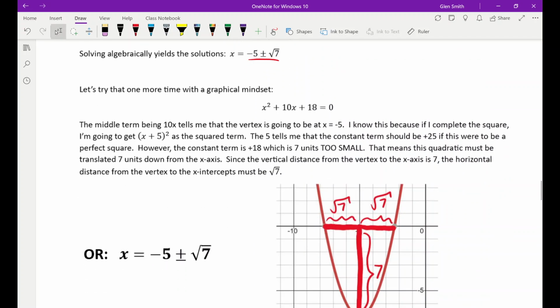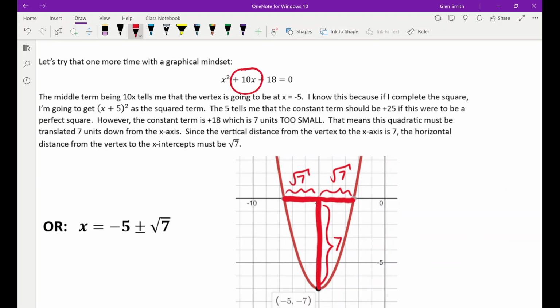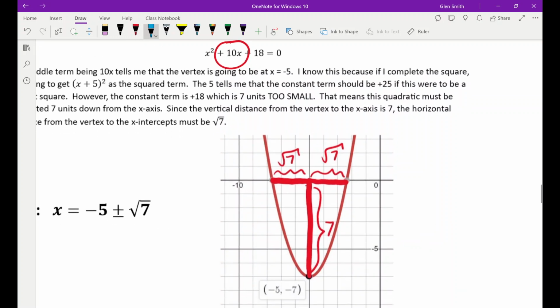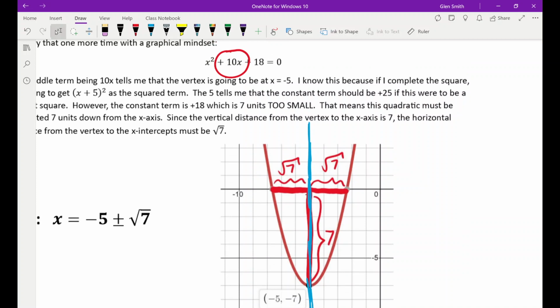But graphically, without even completing the square, here's what we're thinking. This plus 10 tells me that my vertex should be at -5. I put this on the paper so it's hopefully easy to see: this value here is x equals -5. And the 5 tells me this number here should be a 25, but it's too small by 7, which means it's 7 below the perfect square.